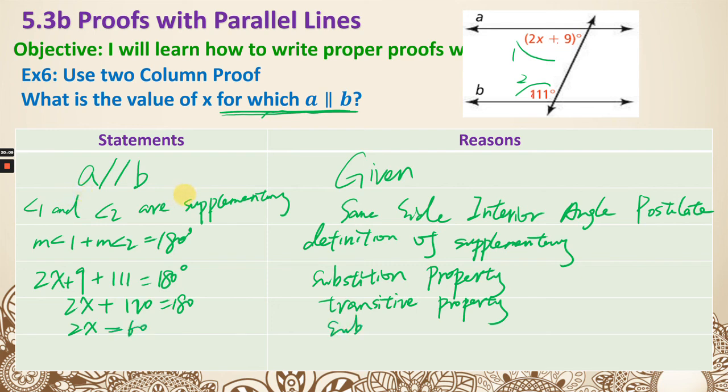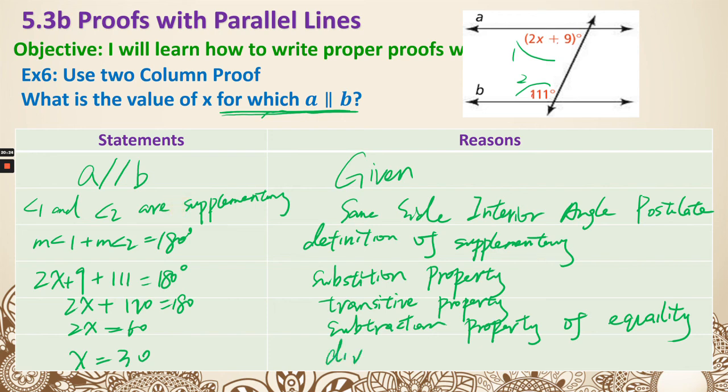That is subtraction property of equality. Lastly, x equals 30. So that is going to be division property of equality.